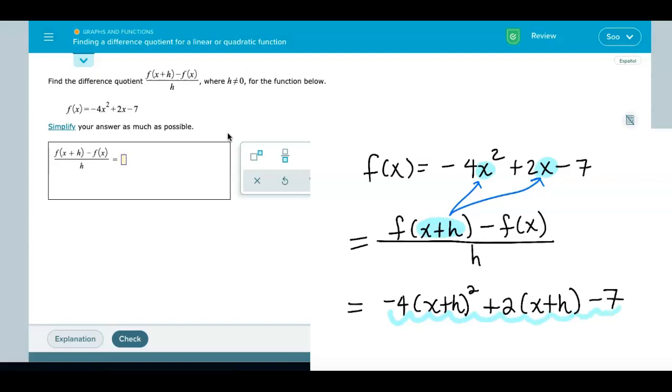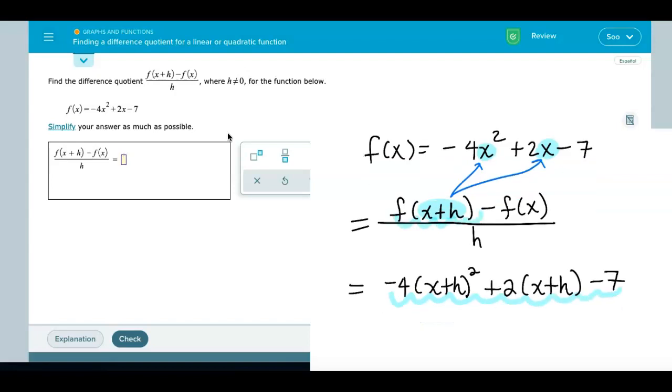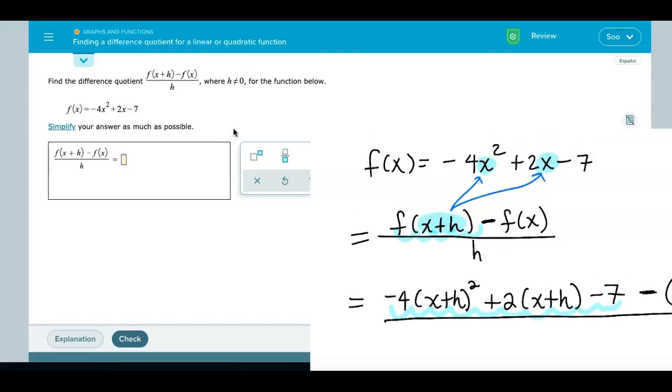This is that much. And I need to keep on going because that's just one piece of the difference quotient. I need to do a minus sign, and I need to put f of x in here. f of x is negative 4x squared plus 2x minus 7.